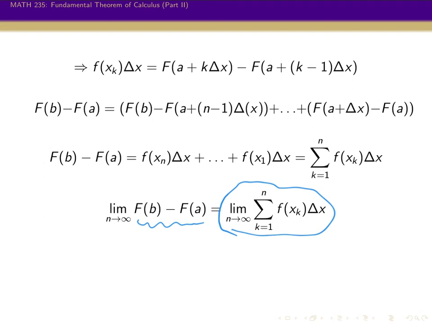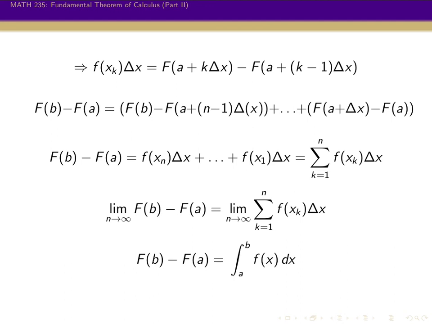So applying this limit on both sides, on the left we're just taking the limit of a constant, so the limit isn't changing anything. On the right-hand side, we have our definite integral from a to b of little f of x dx. And that's it. That's the fundamental theorem of calculus, part 2.